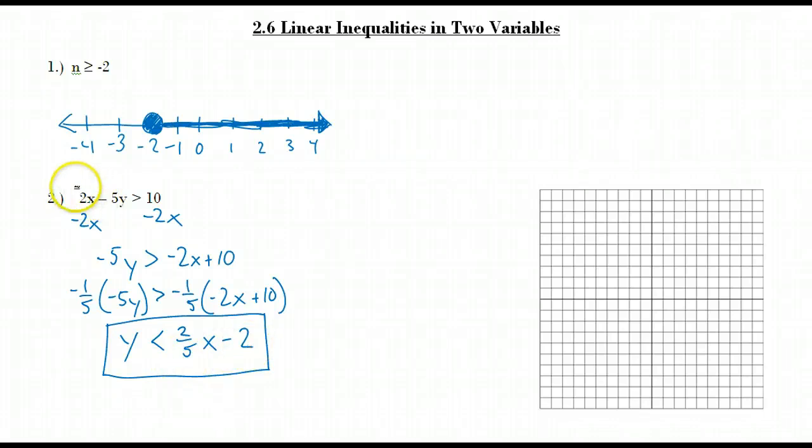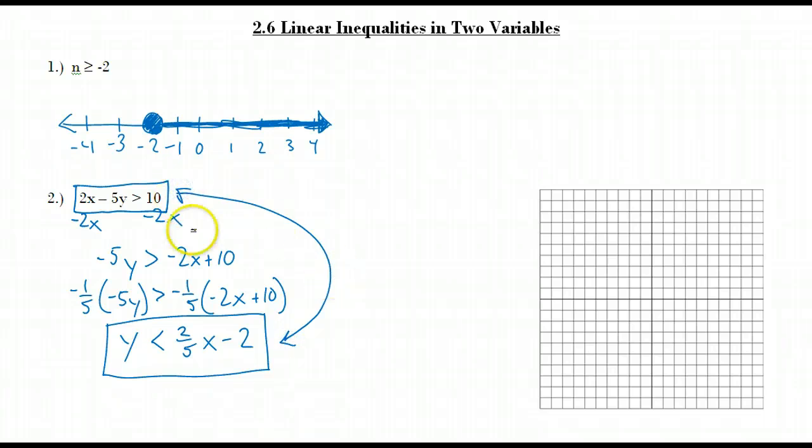Originally I had my inequality written in standard form. And by doing this math and keeping everything equivalent, these two inequalities are actually equal. This inequality is the same as this inequality. So any xy value that works in this inequality is going to also work here.